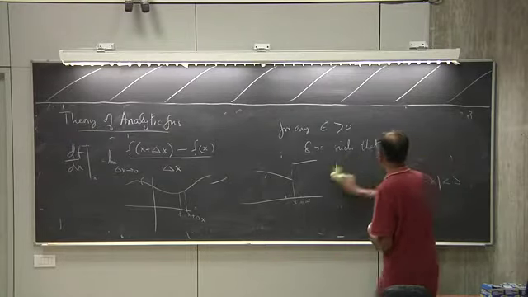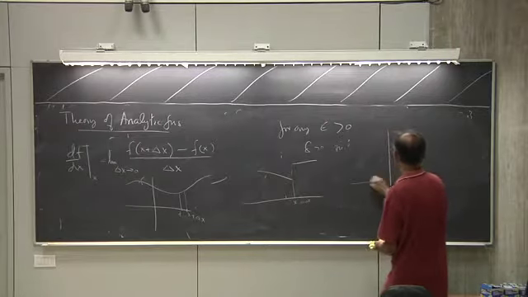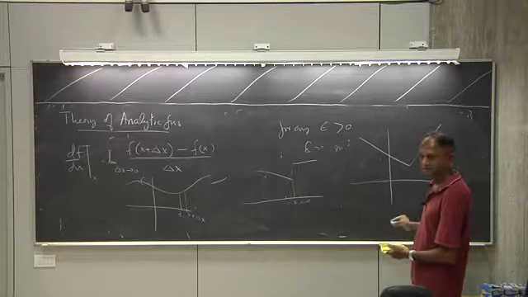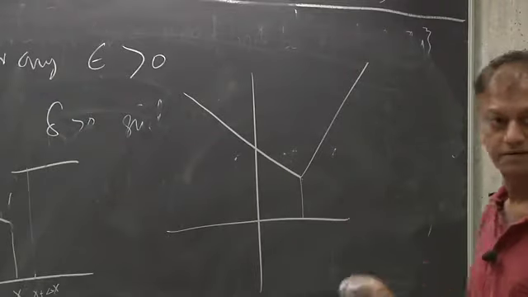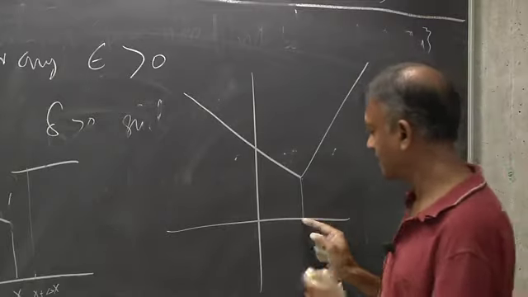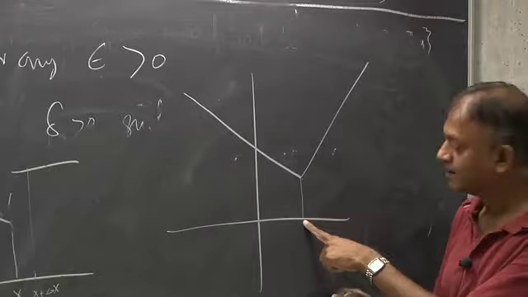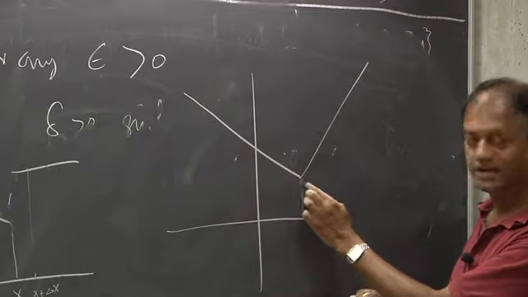An example is this. Take, let's say, a function like that. Here I take x. If I ask the question, what is df by dx at this point? Well, if delta x is negative, I will approach from here.